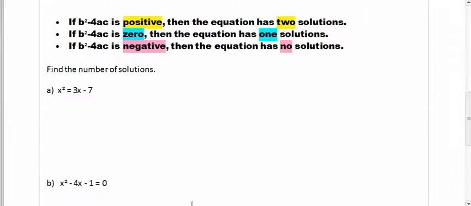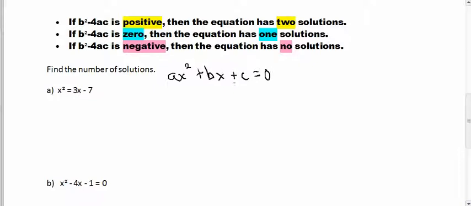Here's our first equation. We're going to do this one first. The first thing you need to do is ask, is it in standard form? Is this in ax squared plus bx plus c, equal to 0? We say no, it's not, but you need to put it there.